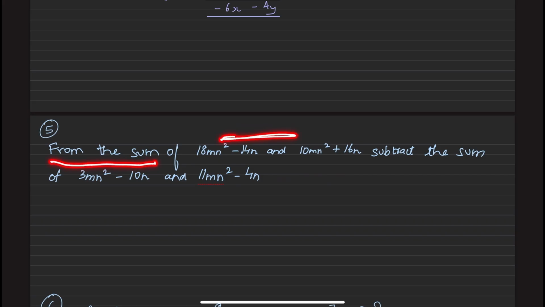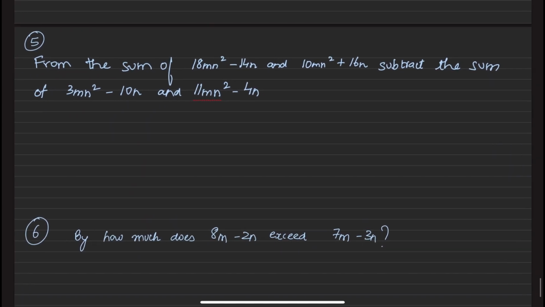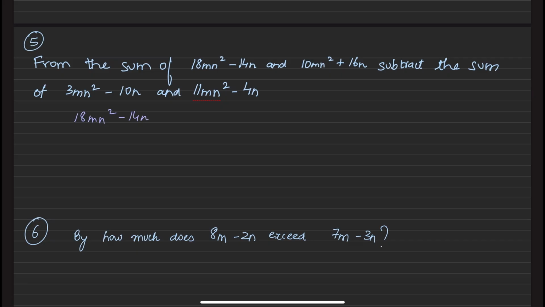So first, whatever you get here will come in the first line. The answer of this will come in the second line. Quickly, I'm finding the sum of the two expressions. First is 18mn square minus 14n. Oh, these expressions are very small. We'll finish it in no time. Come.